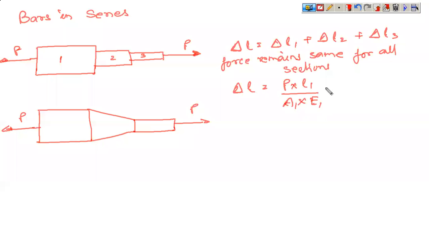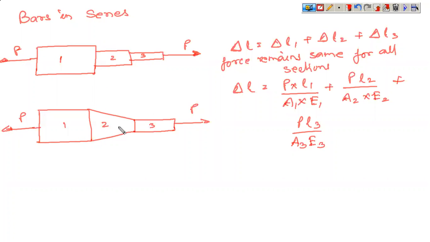So it is E1, plus P into L2 by A2. Now E is a material property. So as the material changes, the value of Young's modulus will also change. And similarly, you can write PL3 by A3 E3. So the force will remain same for all the three sections, and you are calculating the total change in length. So obviously this is a single equation, and in one equation you have to be given all other data and you can find out only one unknown.